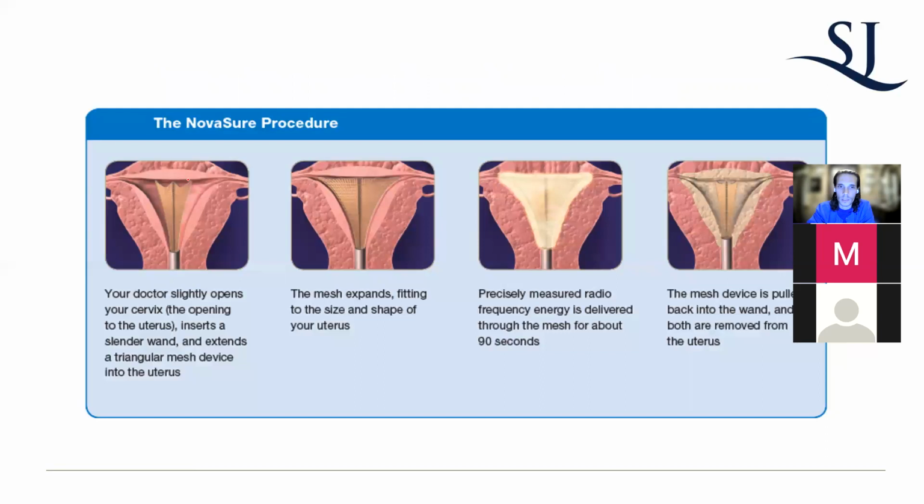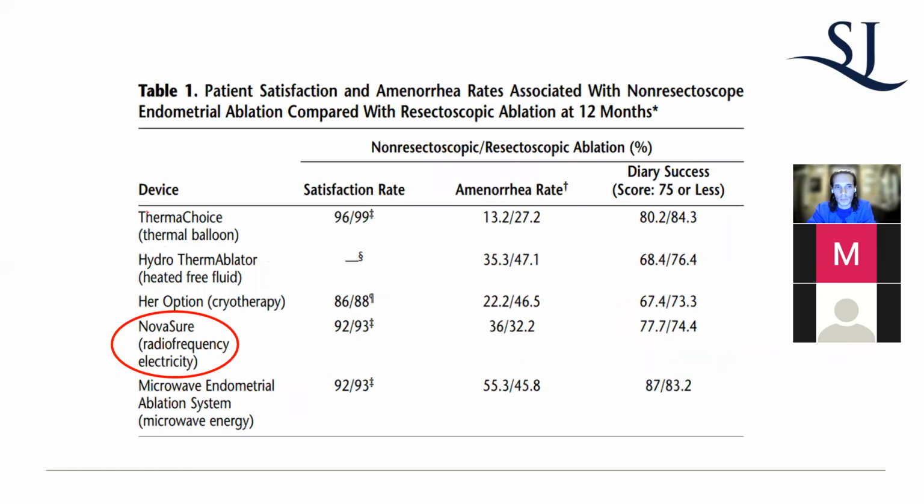But this NovaSure system, as you can see in this picture, is a flat membrane that extends. So if you have a myoma there, it's not going to work because it's just going to be dislodged. That's why this ThermaChoice, the thermal balloon, which I just said, the heated fluid, is not really used anymore, because it was causing problems with leakage and spillage, and other parts were being burned, etc.